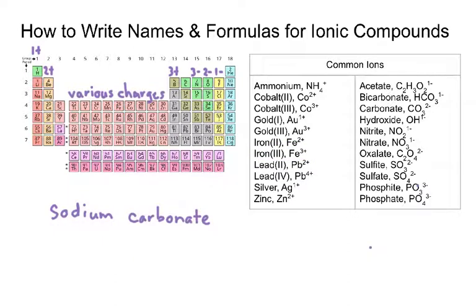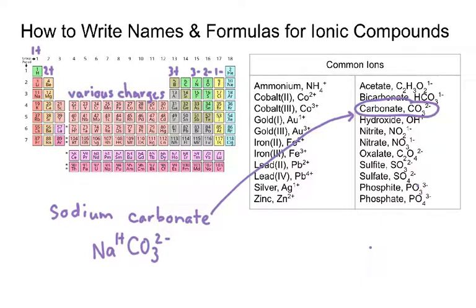In our next example, sodium carbonate, we'll have to use the common ion sheet because it includes a polyatomic ion. Carbonate is CO3 with a 2- charge, and the sodium has a 1+ charge. So we have Na1+ and CO3 2-. Again, their charges don't balance out.